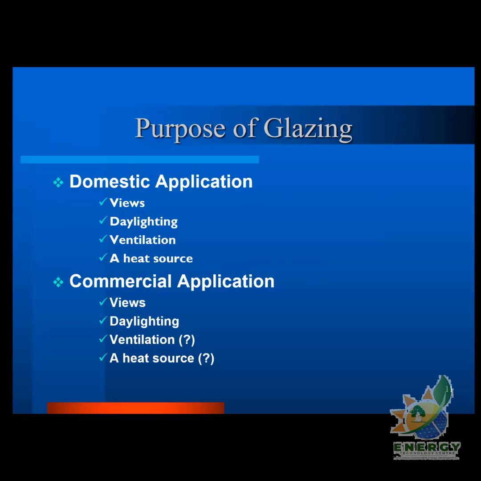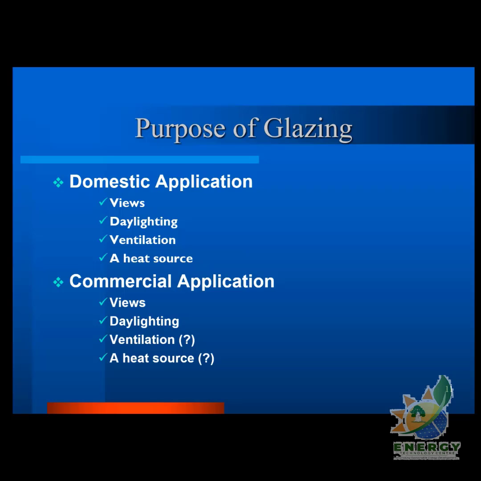for domestic application, glazing is normally to allow us to be able to view, and then it's also to allow daylight in, and also ventilation, and it also serves as a source of heat.